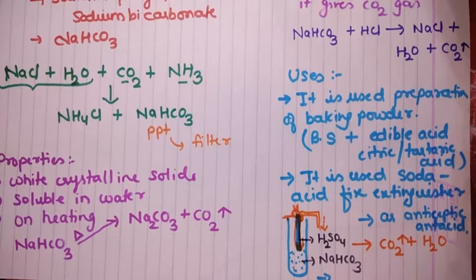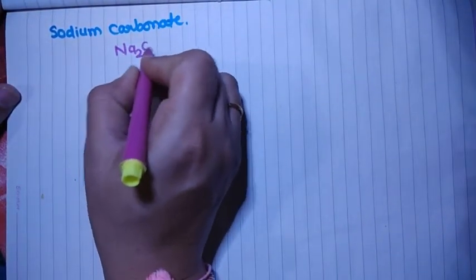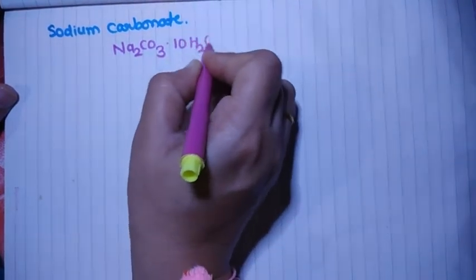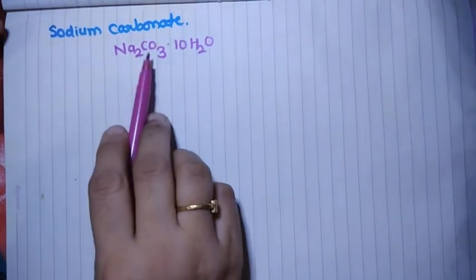Now let's talk about another one, that is washing soda. Now let's talk about sodium carbonate. The formula of sodium carbonate is Na2CO3.10H2O. We can say that this is actually sodium carbonate decahydrate, not only sodium carbonate.